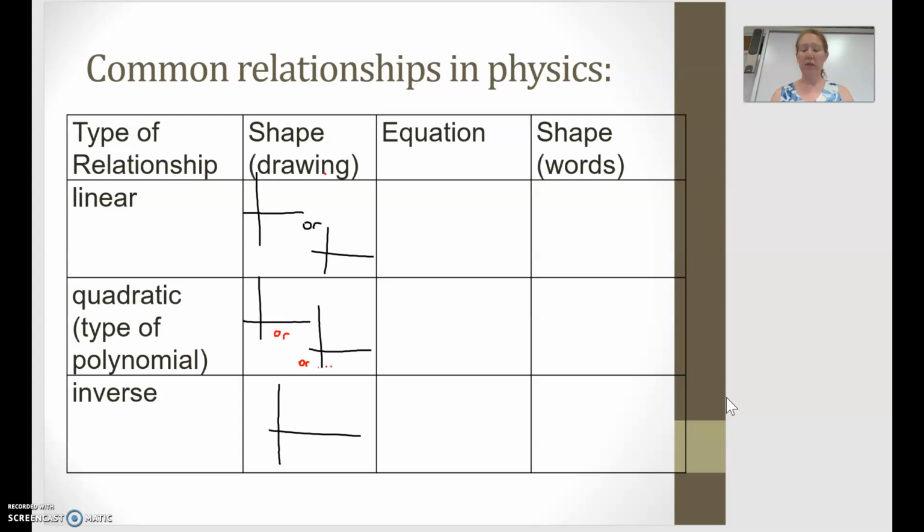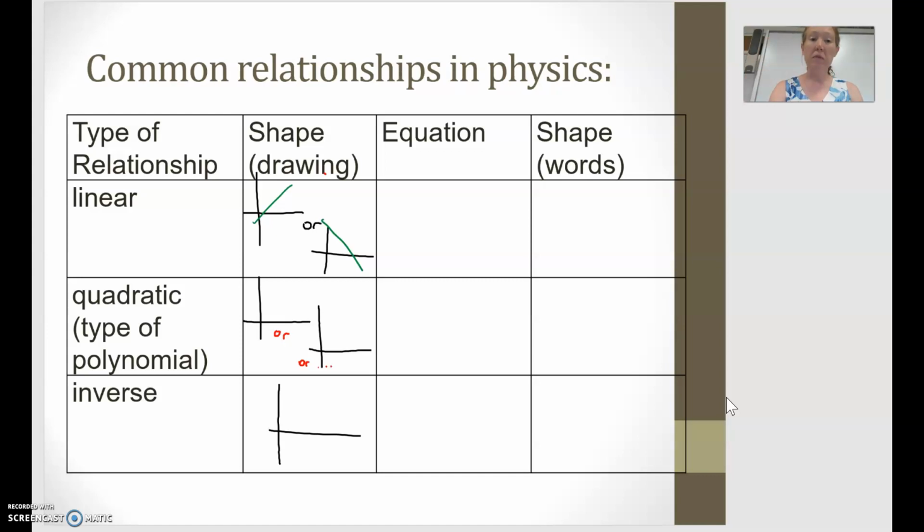And that goes for both positive and negative slope. So if you were drawing those, you would have up and to the right or down and to the right. Usually we're sticking in quadrants 1 and 4 often because often we're graphing versus time and there are only positive times.